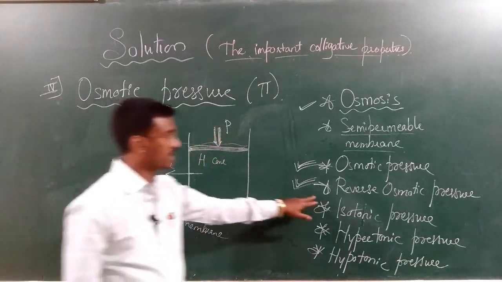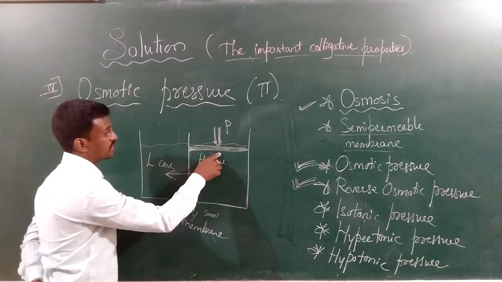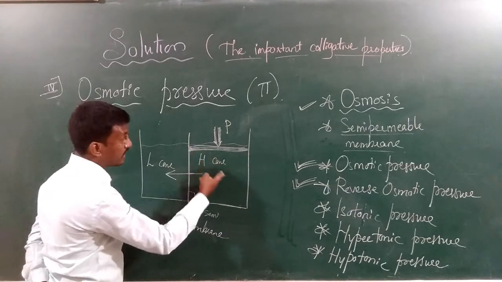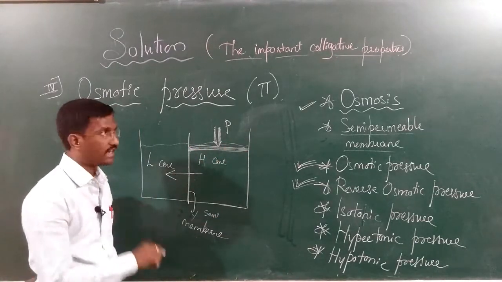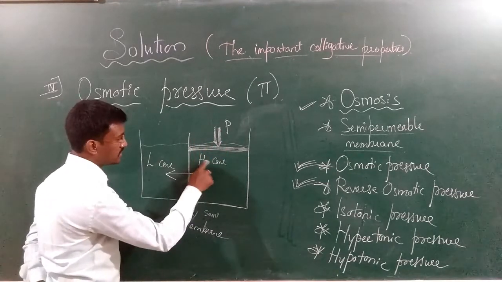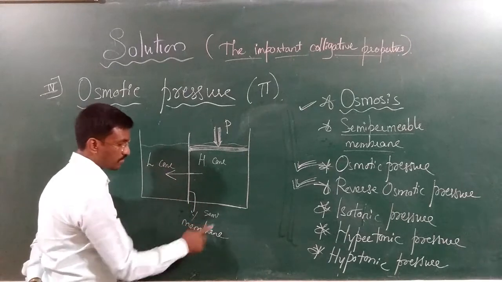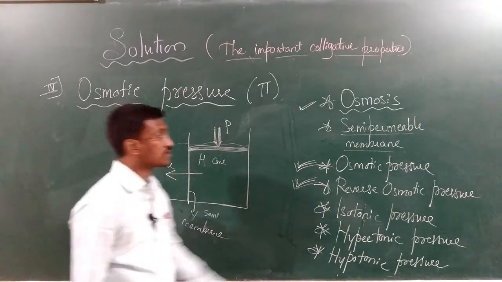That pressure is called reverse osmotic pressure. So reverse osmotic pressure is the pressure applied on the higher concentration, greater than the osmotic pressure, to reverse the direction of osmosis, that is, from higher concentration to lower concentration through a semi-permeable membrane.